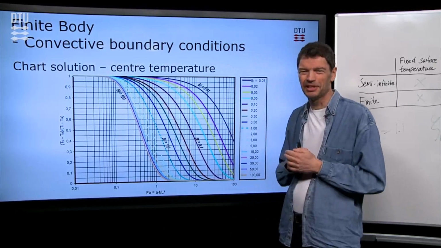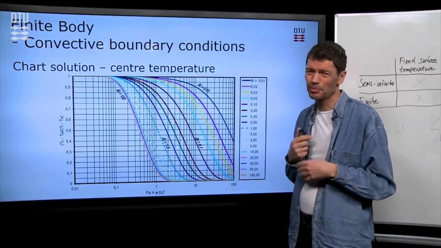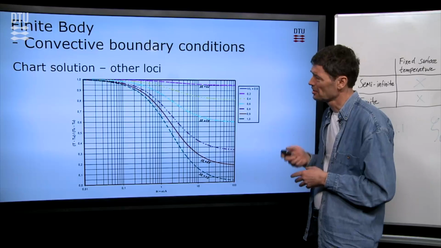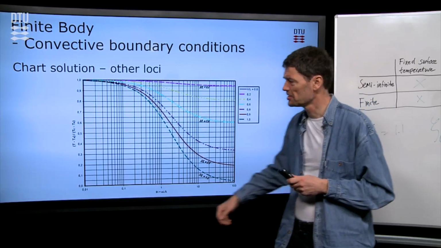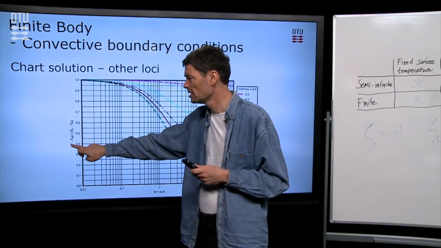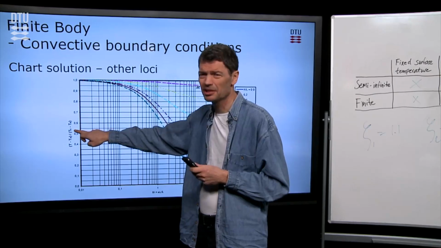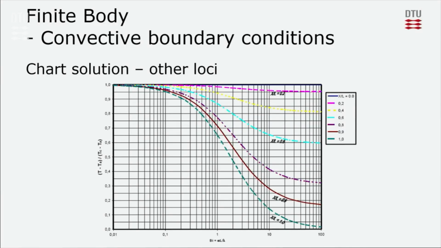You might be interested to know the temperature in other points than in the center. And then there's another chart that will tell you the relationship between the temperature in another location compared to the center temperature and the ambient temperature. Again, a relative number between 0 and 1.